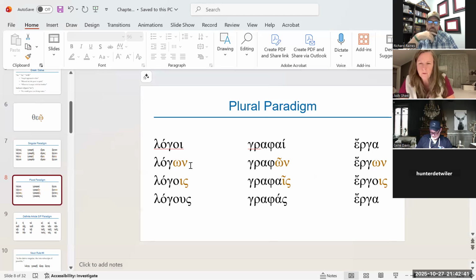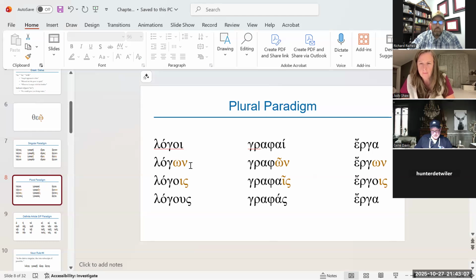How would you translate logon? It's a genitive. Genitive is possession. So how would you translate this plural form of logos that's in the genitive? Of words, because it's plural, right?